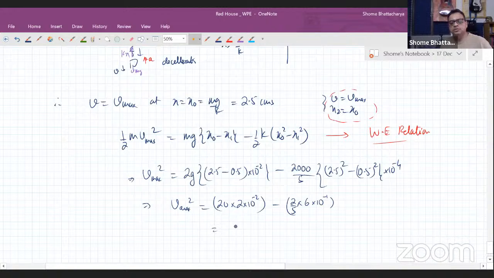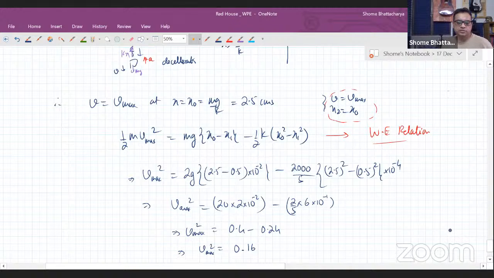So this is becoming 0.4 minus 0.24. Just check my calculation if this is correct.